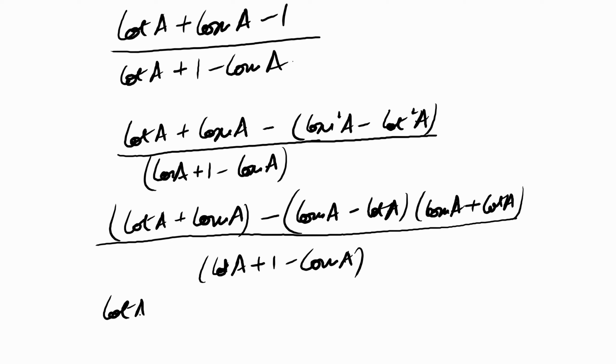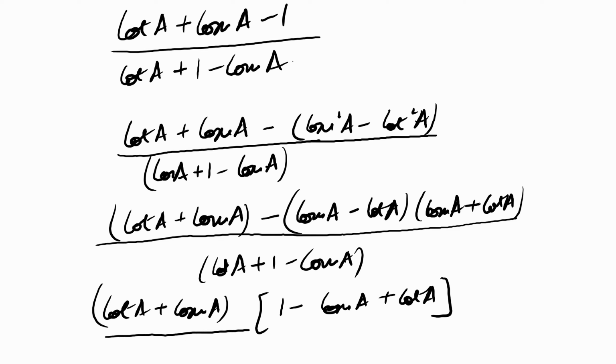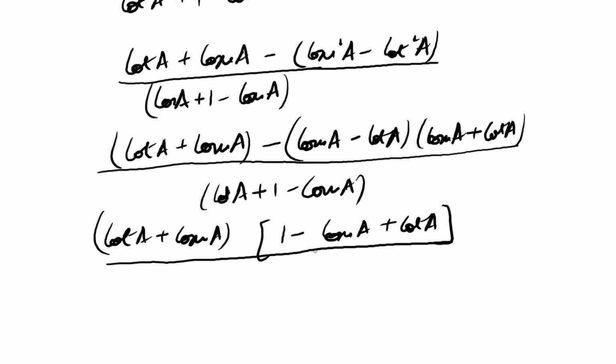We will take common cot A plus cosec A. We will be left with 1 minus cosec A plus cot A. This is exactly what we have in the denominator.